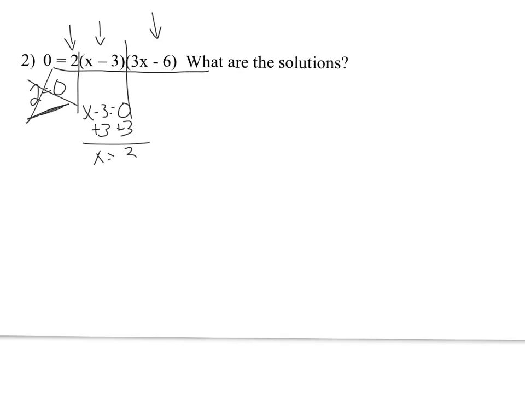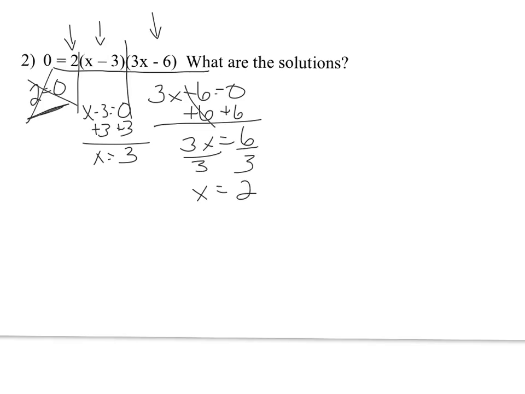And x equals 3, and also 3x minus 6 could be 0. So we solve this with normal solving methods. And we have two solutions. x could be 3 and x could be 2. The curly brackets are optional, not really necessary.